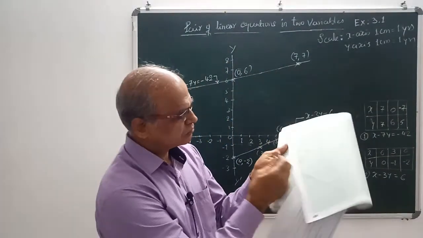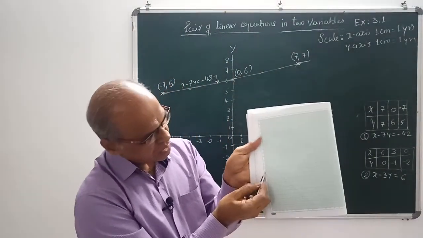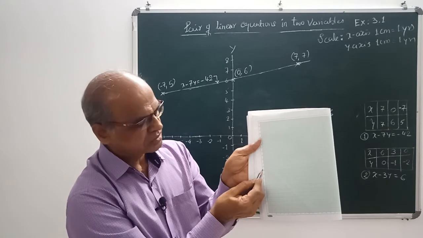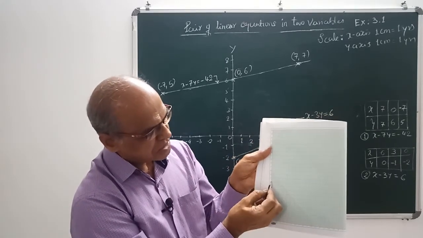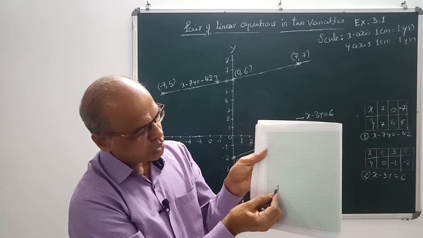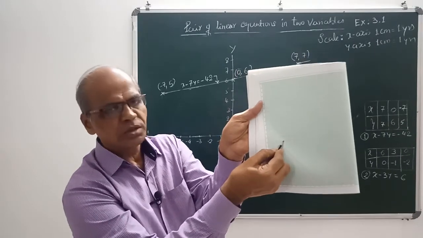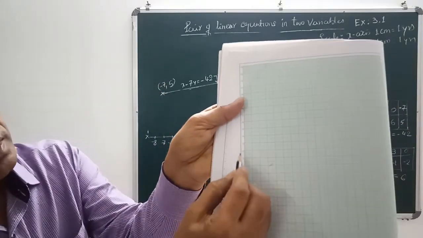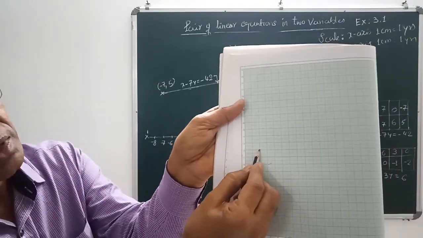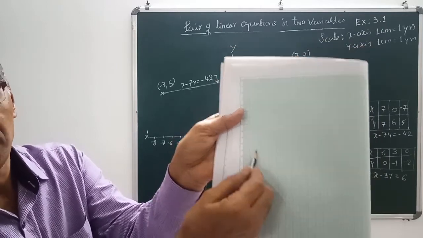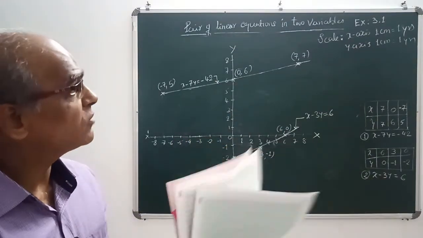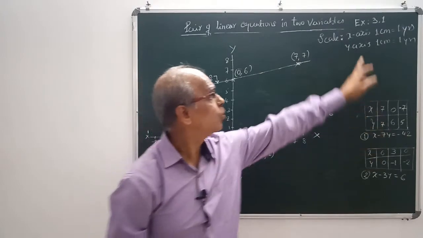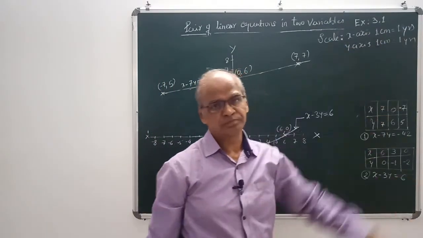See here. This is 1 centimeter, and this is 1 centimeter. Here also 1 centimeter. Understood? This is 1 centimeter and this also 1 centimeter. So that is what we have indicated in the graph. 1 centimeter represents 1 year.